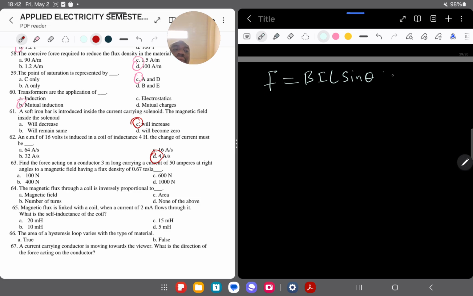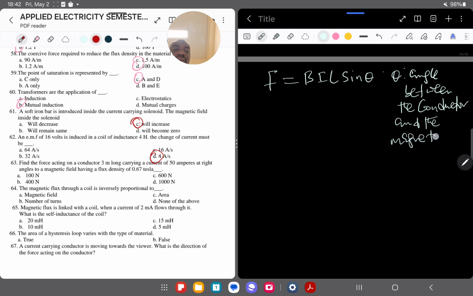And theta here is the angle between the conductor and the magnetic field.